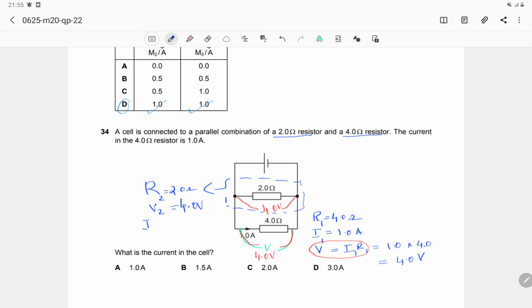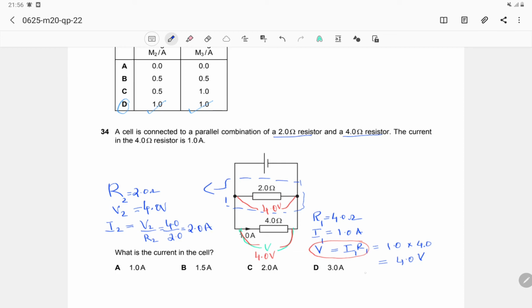What will be the current? Let it be I2. I2 will be, again you can use the V is equal to IR equation, so I2 will be equal to V2 over R2, where V2 is 4 volt and R2 is 2. So you will get 2 ampere.